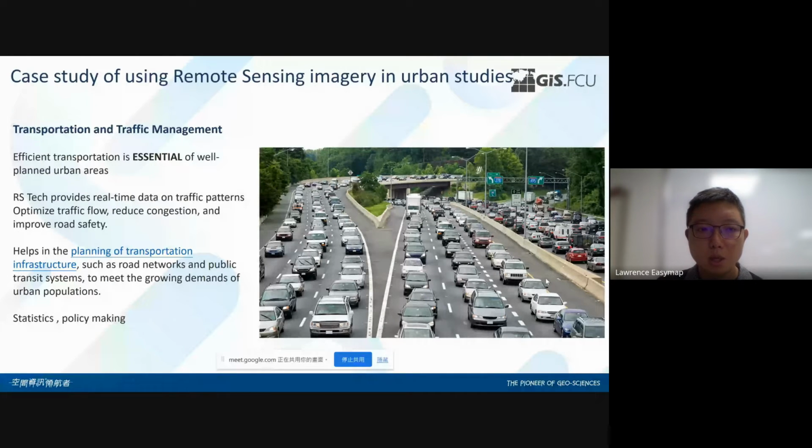It can reduce congestion. And of course, policymakers can make use of that image to have better planning of the transportation network, so how it can reduce the stress on transportation, and also how to meet the growing demand of the urban population.